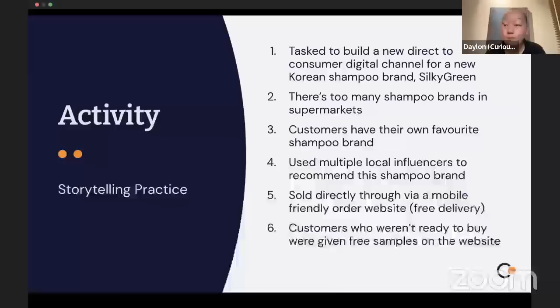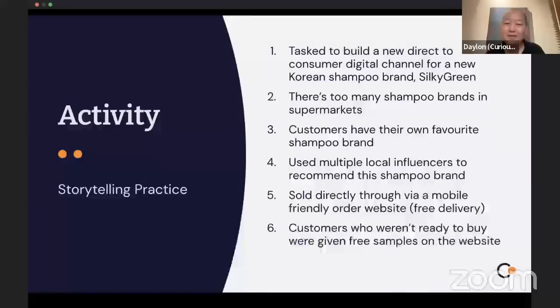Okay. So, sorry, let me restart. As you know, our client is a Korean shampoo brand, Silky Green. What we've noticed is that there are just way too many shampoo brands in the market, so it's hard for them to penetrate to our end customer.